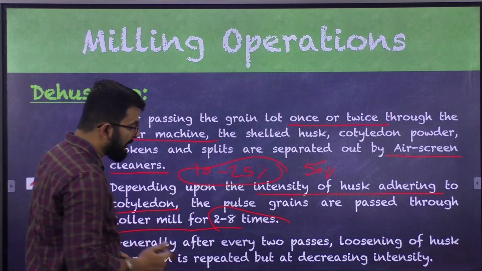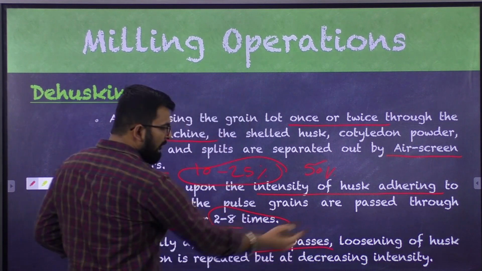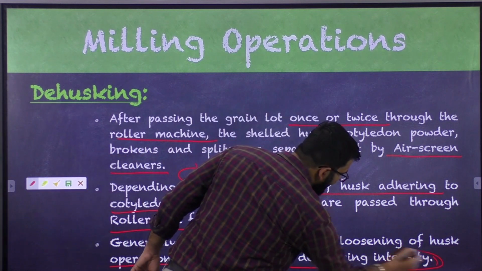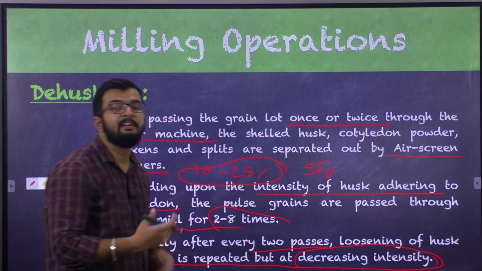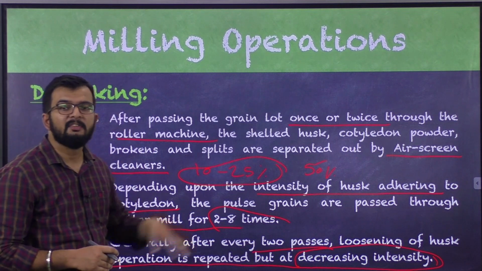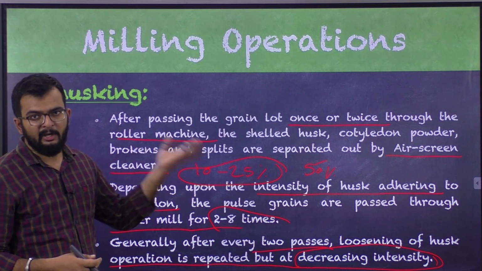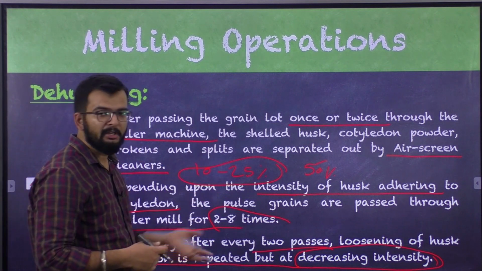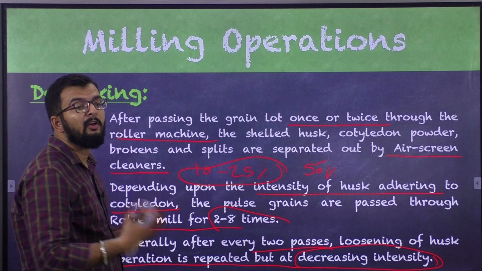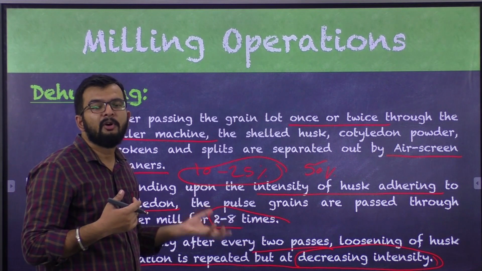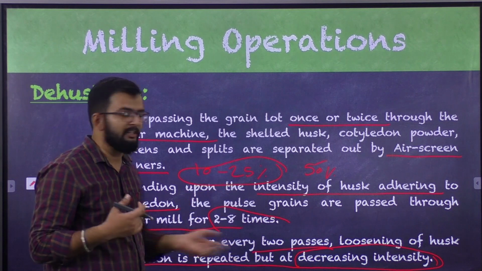Generally after 2 passes, the loosening of husk operation is repeated, but at a decreased intensity, so that there will not be any scoring of cotyledon and powder will not be formed, which would ultimately lead to lesser yields.